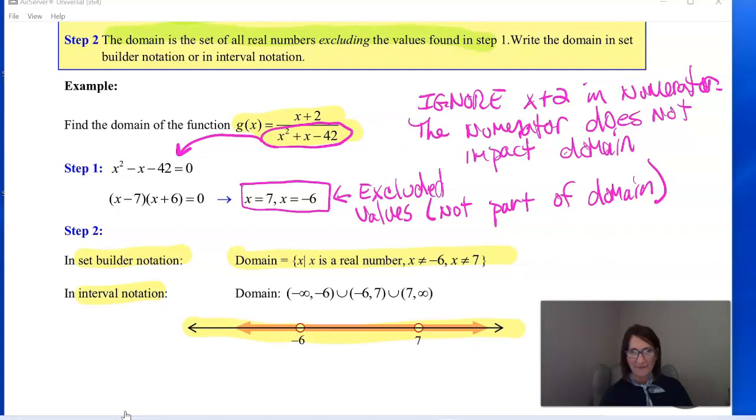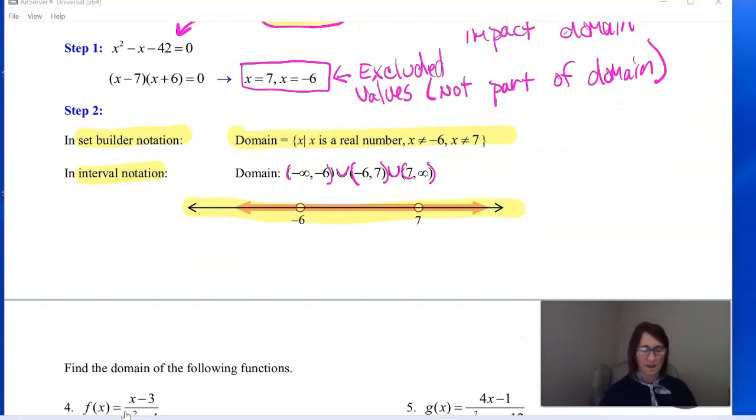Then from that graph, you can identify each of the intervals. So that's where we get parenthesis, negative infinity to negative 6, then you use your union symbol, start again at negative 6 and go all the way to positive 7, union, positive 7 to infinity.